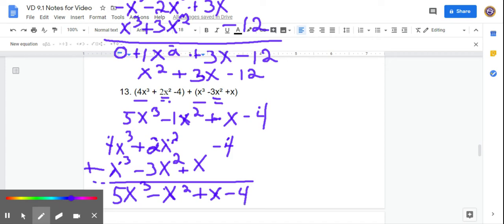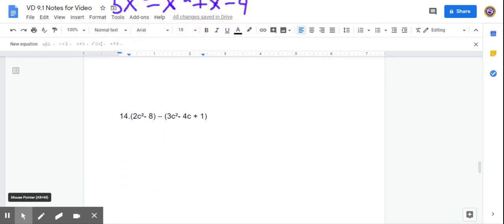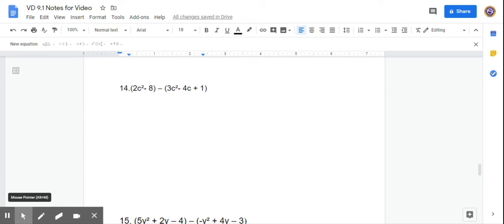So number 14. We have 2c squared minus 8 minus the quantity of 3c squared minus 4c plus 1. So now we have a subtraction problem.